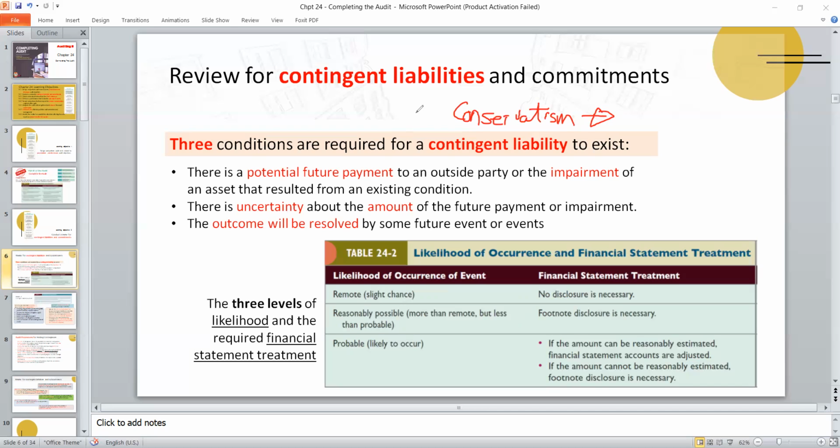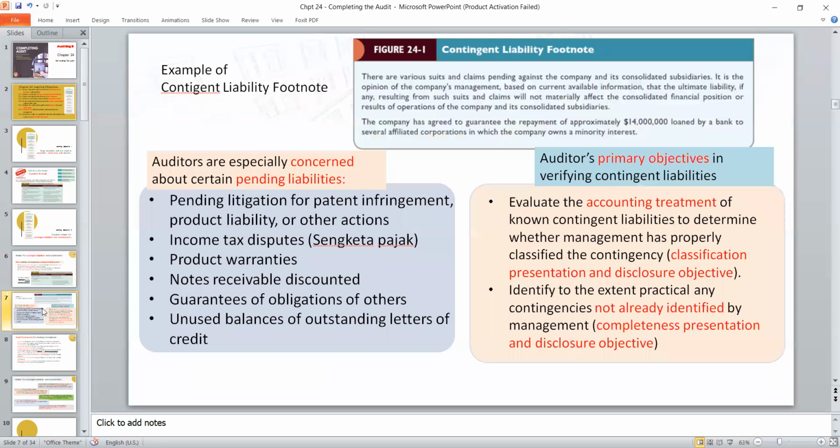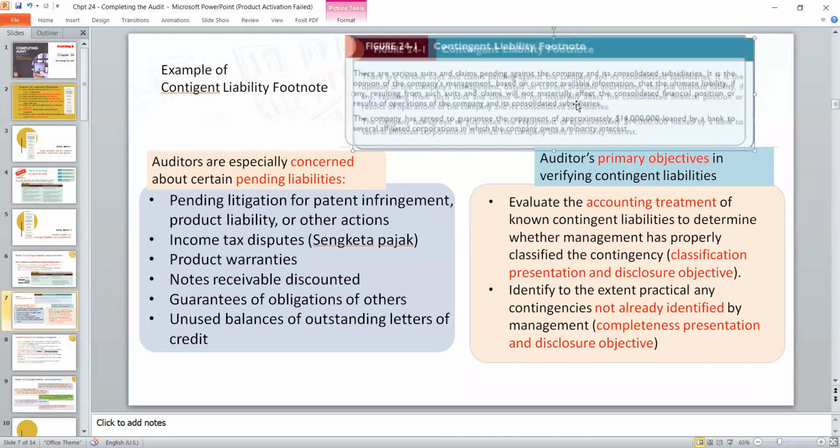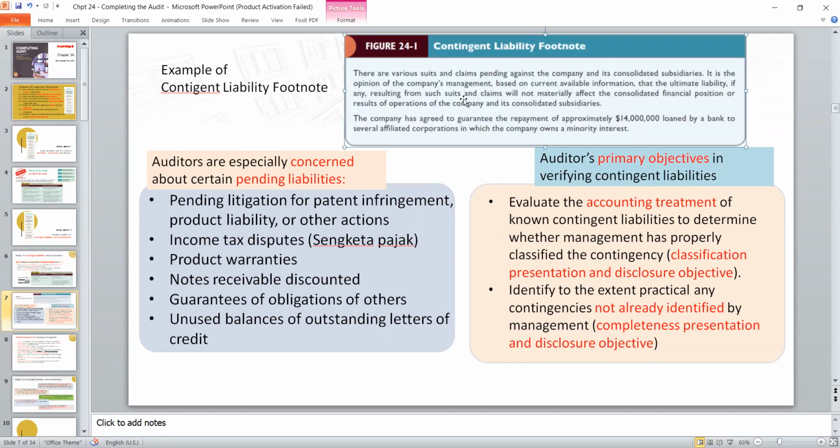We have to have this principle, conservatism, and it's closely related with the contingent liability. Because we don't know in the future what kind of liability will occur, yang bisa muncul. That's a contingent liability, and this is the example in the footnote for the contingent liability.